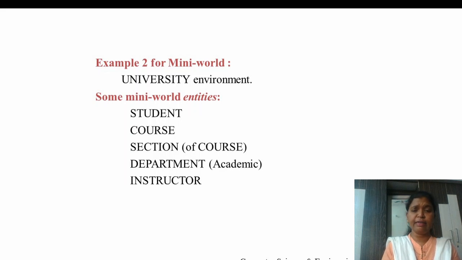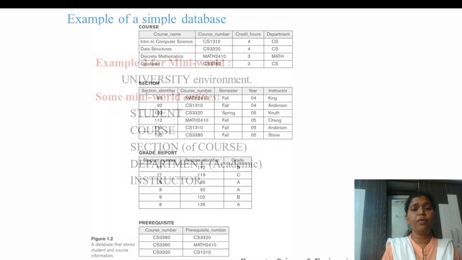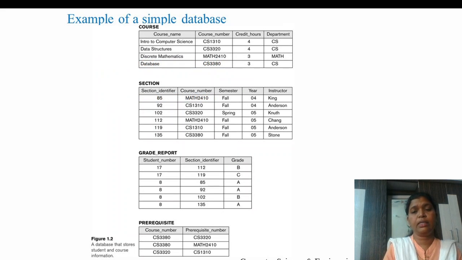So instructor in general we have considered, you can think of as a lecturer, lab admin, lab instructor. Many people will come in that category. So now if you see this database, it's not as simple as the hospital one which we have just discussed. It's having many fields in it.